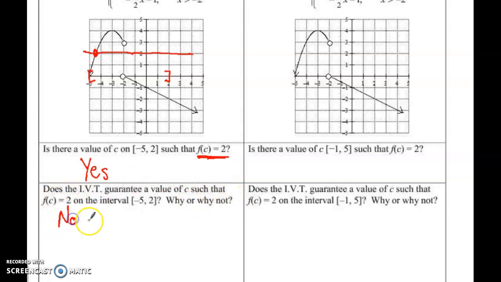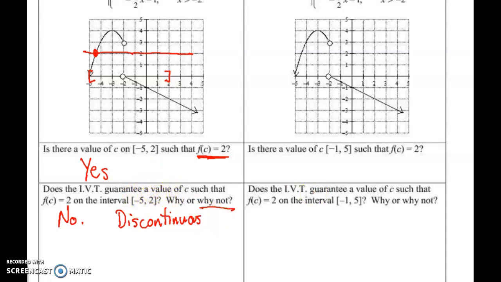And the easiest explanation as to why not, even though there is one that exists, is that this is a discontinuous function. There's definitely a break within the bounds between -5 and 2.